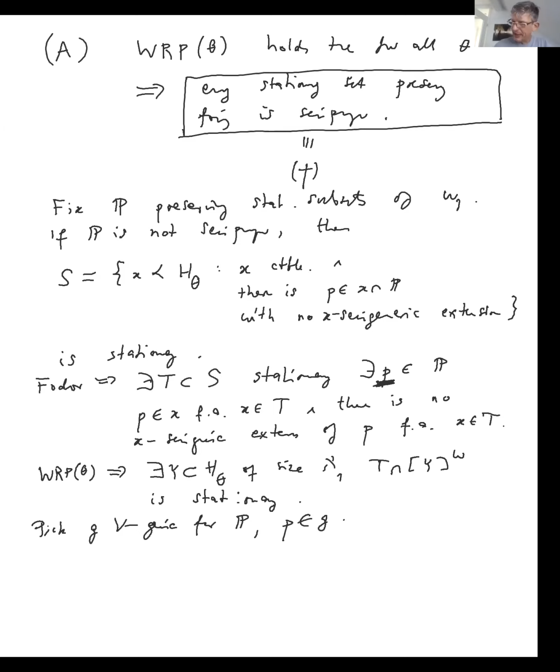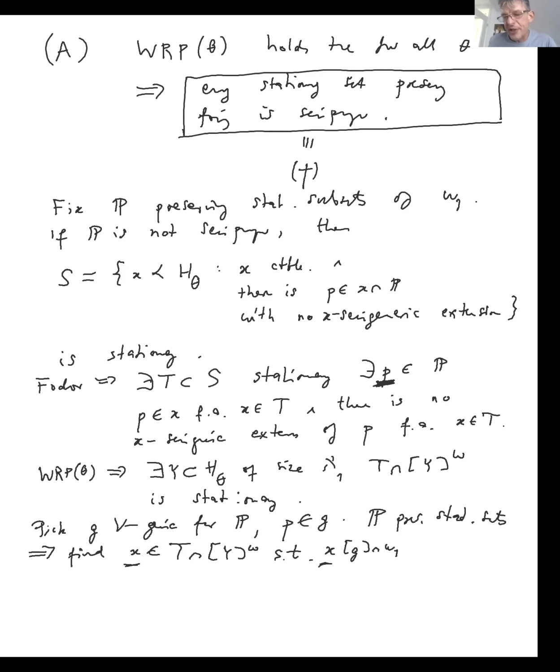So because P preserves stationary subsets of omega 1, this implies that we find an X which is in T and also in Y to the omega, such that X[G] intersect omega 1 equals X intersect omega 1. What is X[G]? So this should be a little x. This is the same X as this X.